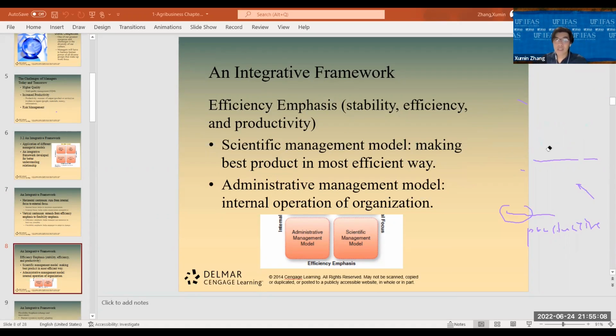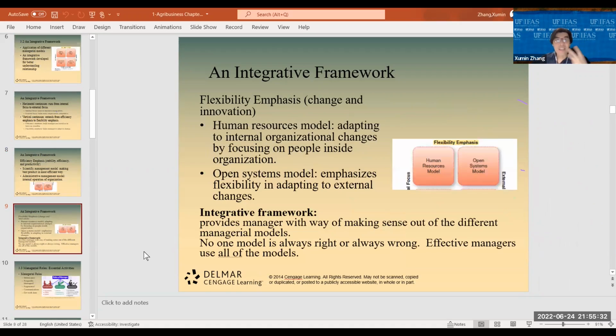I don't read those points for you, but I try to make sure that you understand. Again, this is one of the signals, right? So the scientific model, the administrative models, those are more focused on the things. This is more focused on the efficiency to increase the productivity. This is the flexibility emphasis, right?